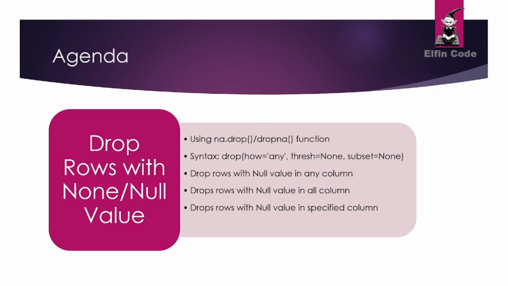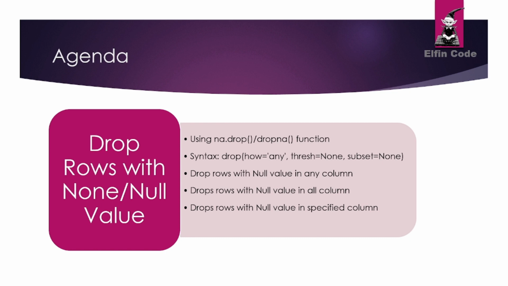And subset specifies for which attributes you want to check the none value. You can also specify the subset here. By default, the subset is considered as all the attributes of your data frame.